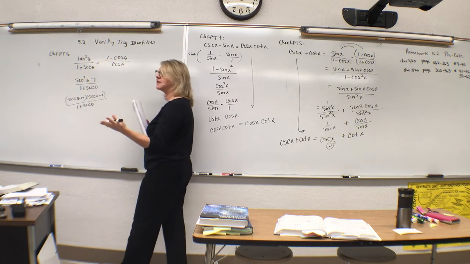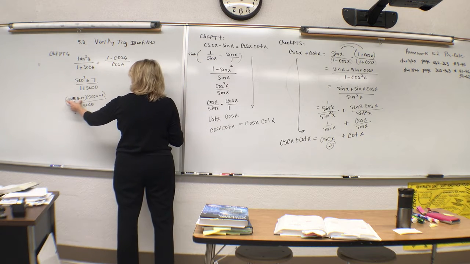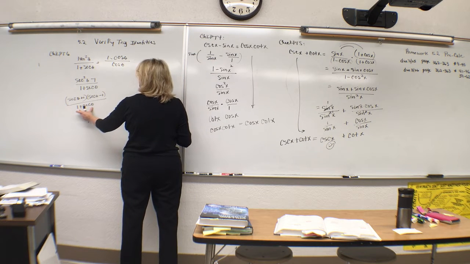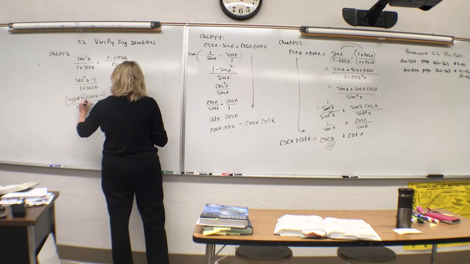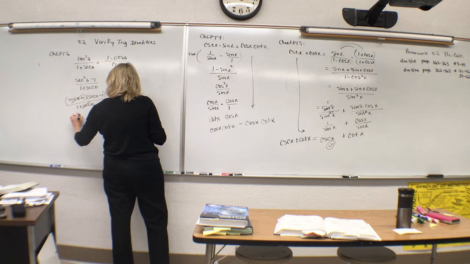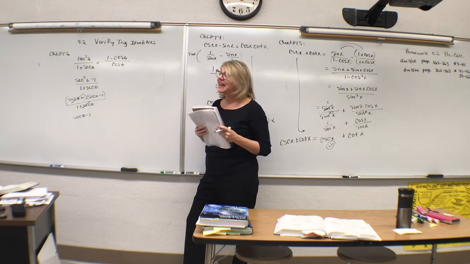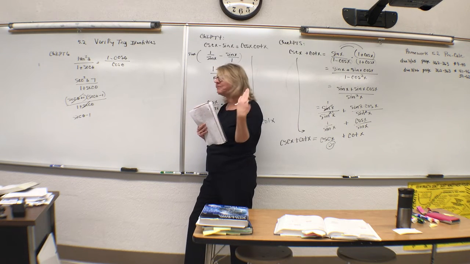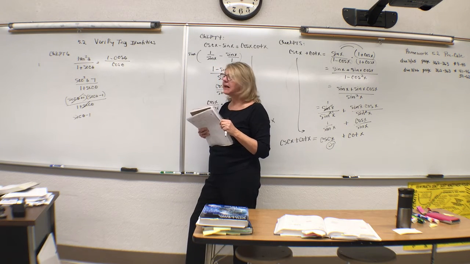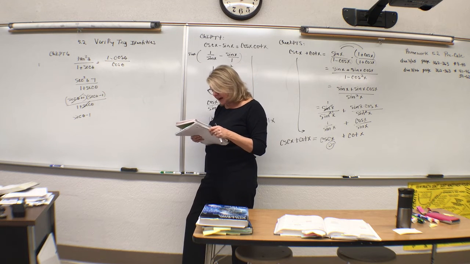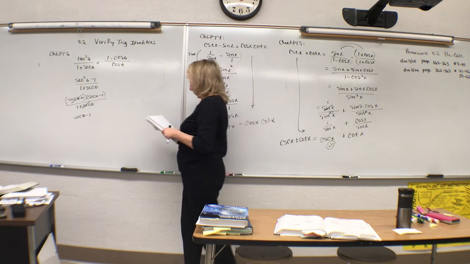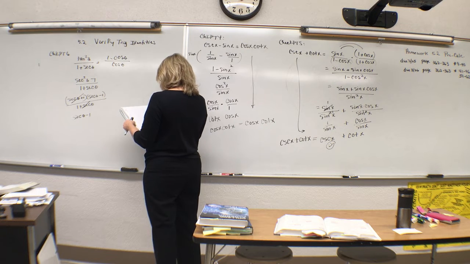Well, of course, addition is commutative. So we know that this binomial factor and this binomial are in fact equivalent. That yields secant theta minus 1. And right now I think that's a linear factorization. That's as far as I'm going to be able to take that one. On the right, however, let's take a look at what we've got going.